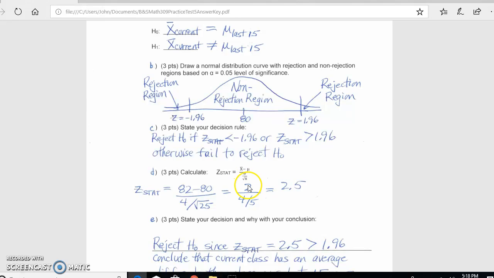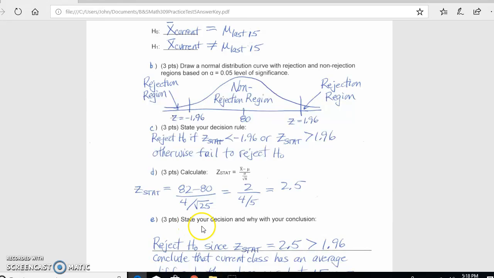And so we're going to get 2 in the numerator, and 4 over the square root of 25 is 5. When we do this calculation, we end up with 2.5 for our z-stat. Now that z-stat of 2.5 puts us out here in the rejection region.